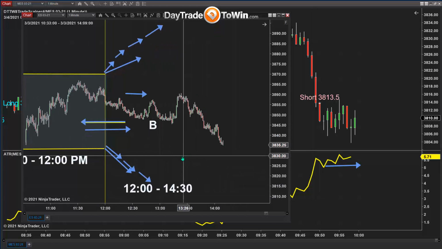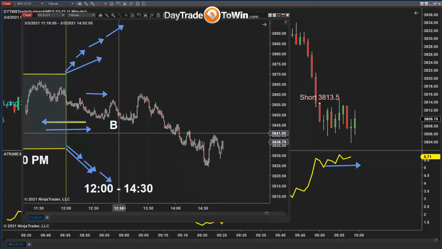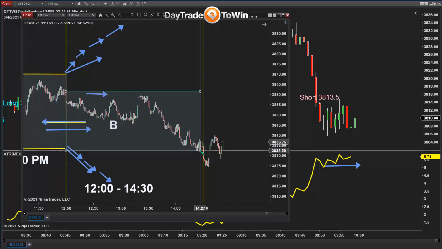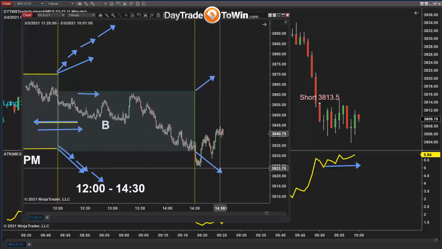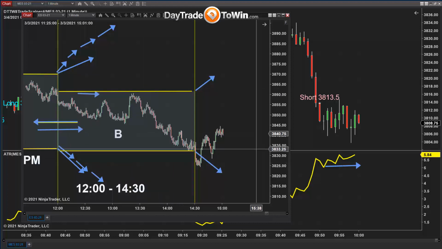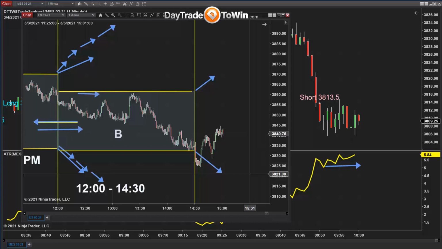Now the same thing is true between B and the last part of the day, which is C. It's a little bit smaller. We have here the range created like so. And when the market breaks above or below this B part of the day, which also creates its own resistance and support, we have what's called a late day rally or a late day sell-off. So there's earnings reports.